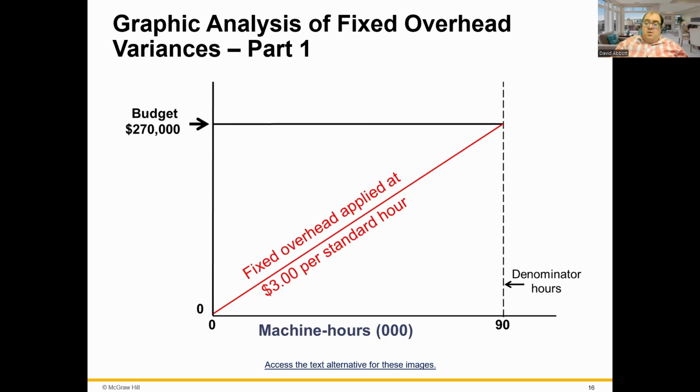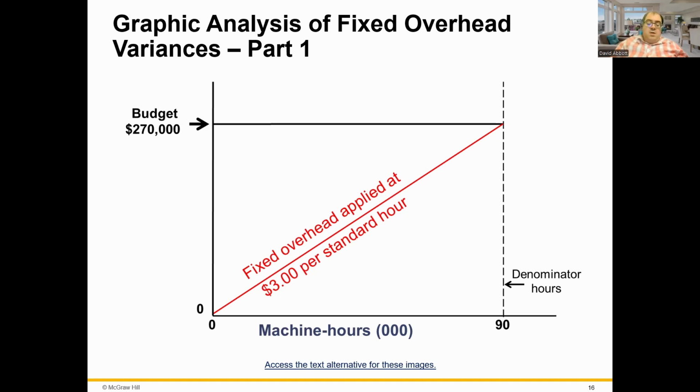And so the vertical axis is used to graph fixed overhead cost. The first cost that Colaco would plot on this axis is 270,000 of budgeted fixed overhead. The horizontal axis is used to graph the volume of activity. The first activity level that Colaco would plot is its denominator activity level of 90,000 machine hours.